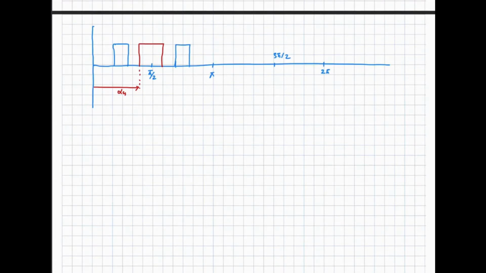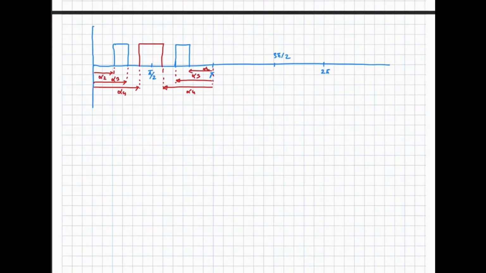Okay, so let's mark the angles for these. This angle will be equal to alpha 3. Similarly, this angle from here will also be equal to alpha 3, and the angle of this notch from this center point will be equal to alpha 4, and the angle of this point will be equal to, let's suppose, alpha 2, and this angle is equal to alpha 2.